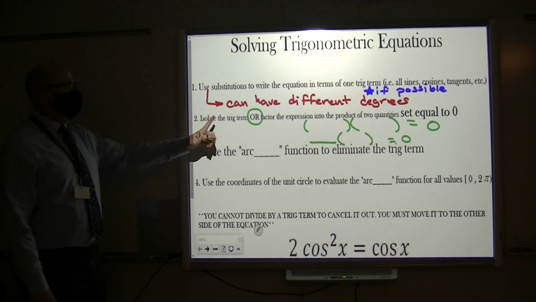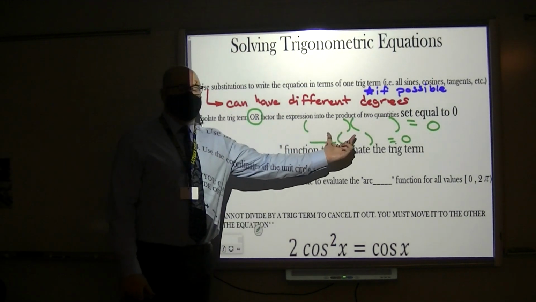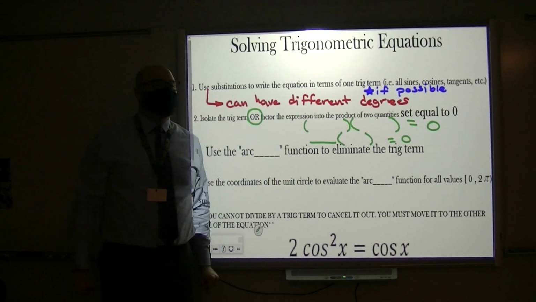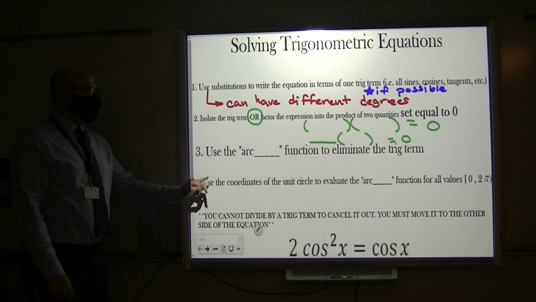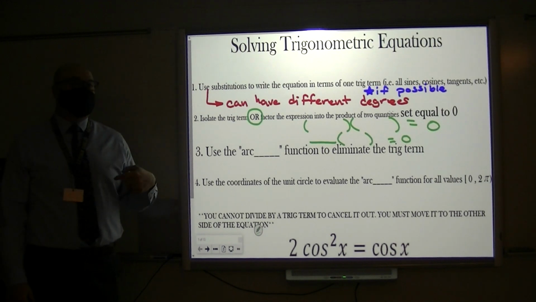Now, once you've isolated the trig term, or you've shown this product equal to 0, and then you separate using the zero product property, use your arc functions that we learned about in unit 4: arc sine, arc cosine, arc tangent.